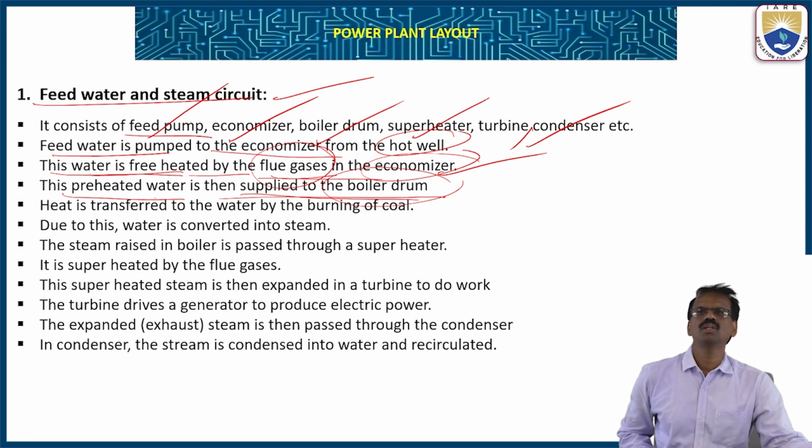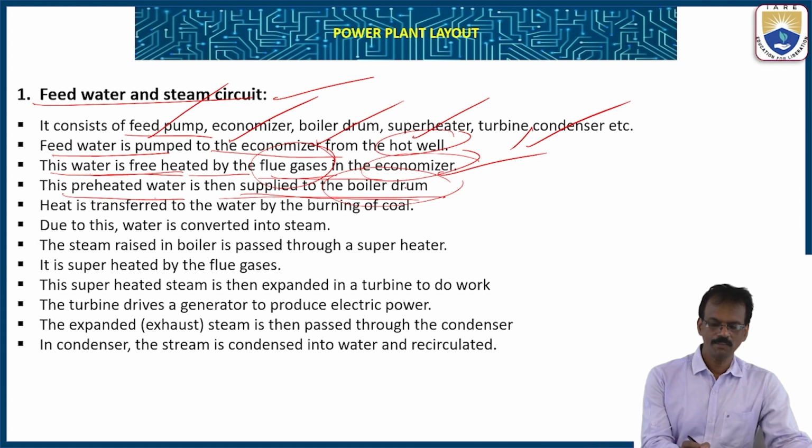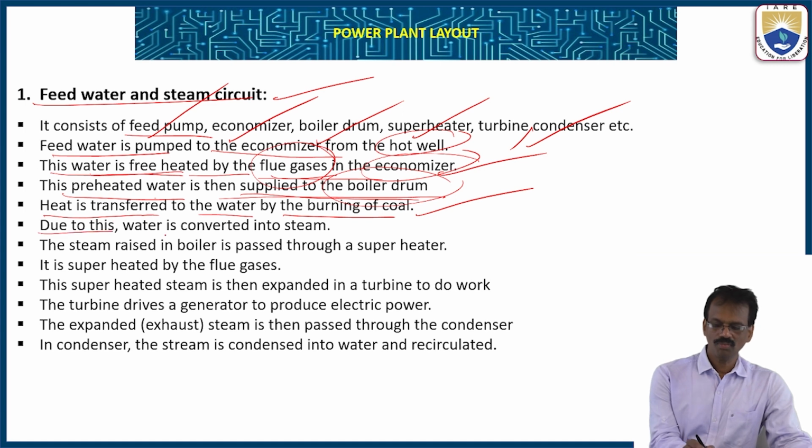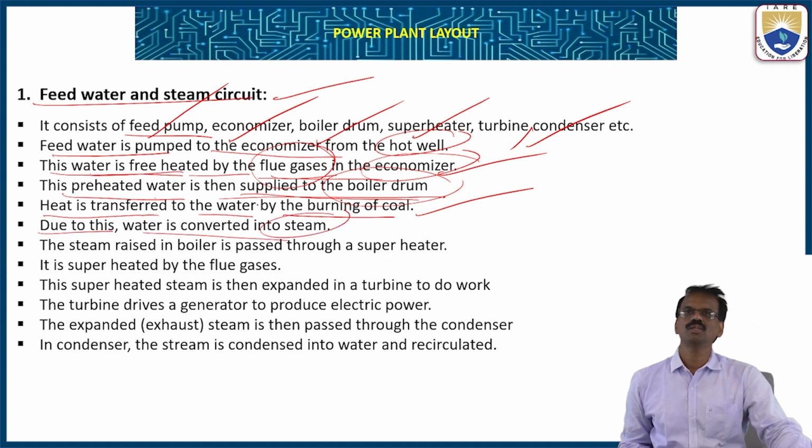Okay, in the boiler drum, the water is transformed into steam by the heat energy. You know this one. Heat is transferred to the water in the boiler drum by burning the coal. Due to this, water is converted into steam in the boiler.